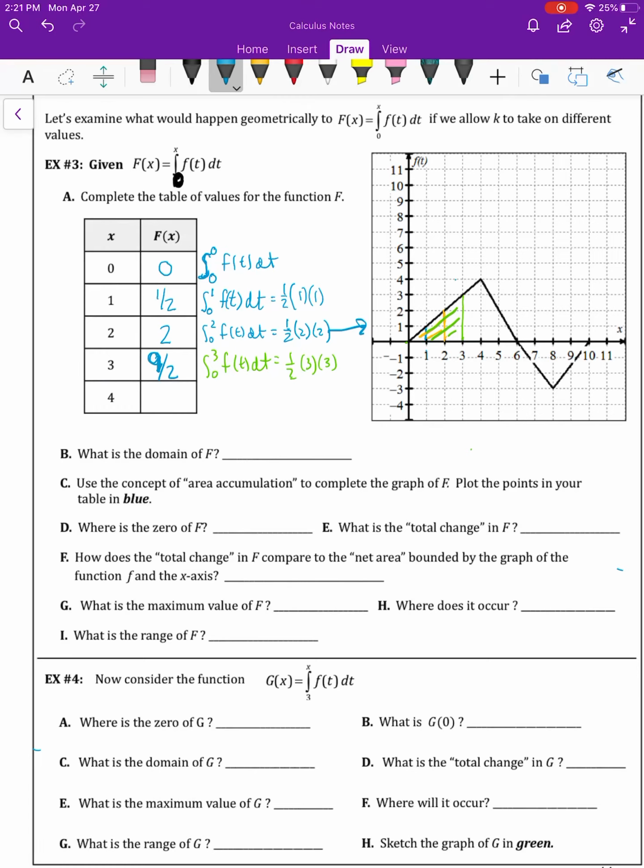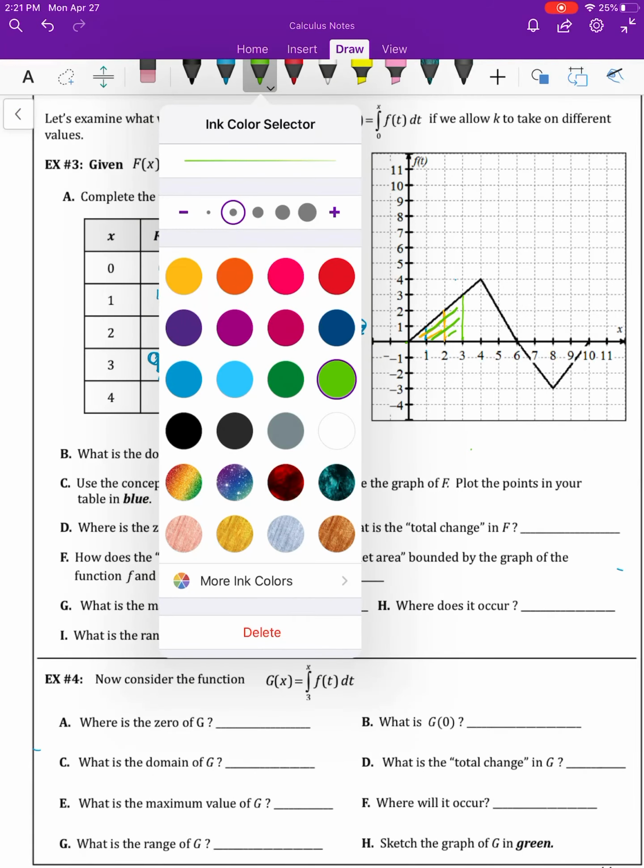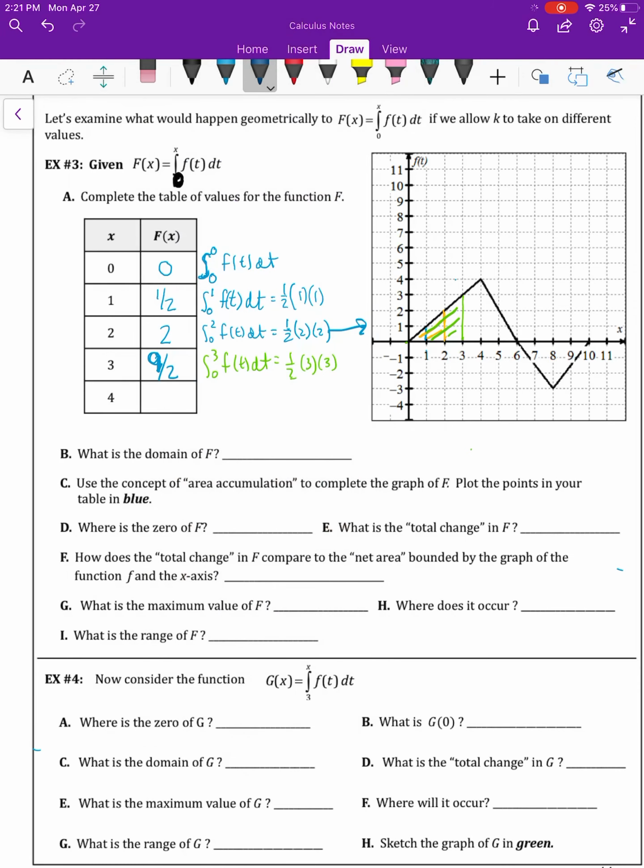Nine halves, that's 4.5. And then for 4, we're going to calculate this one, which is this whole triangle. It'd be a 4 by 4. So the integral from 0 to 4, f of t dt, is going to be 1/2 times 4 times 4. So 16/2 is 8.